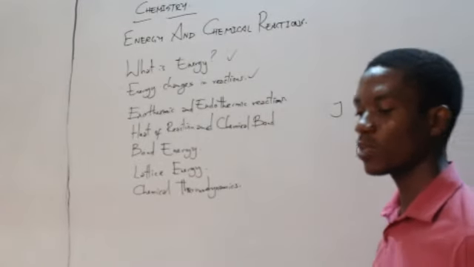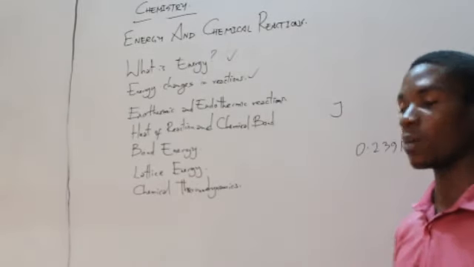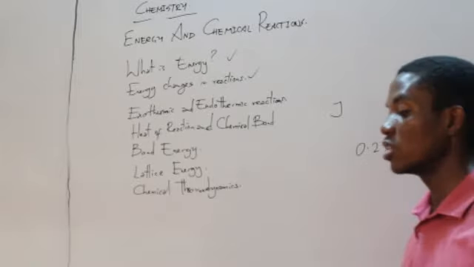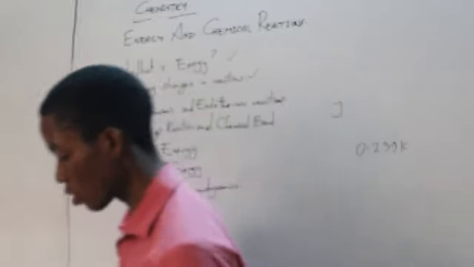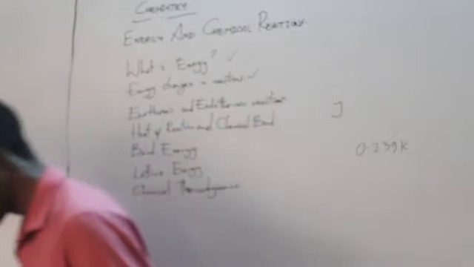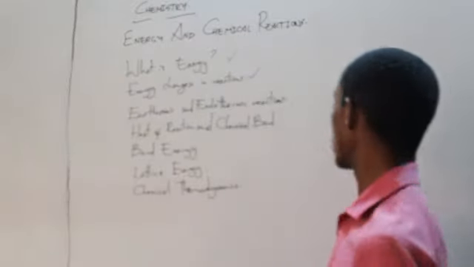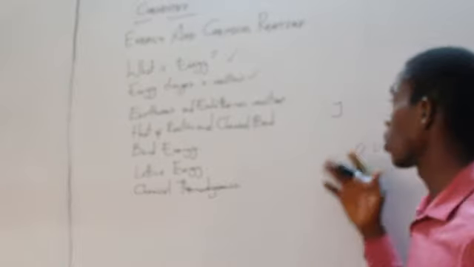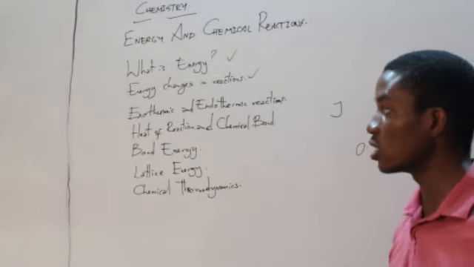Of course, that's also displayed on your screen. The amount of heat required to raise the temperature of 1 gram of water by 0.239 Kelvin or degrees Celsius. So that is what 1 joule of energy is.